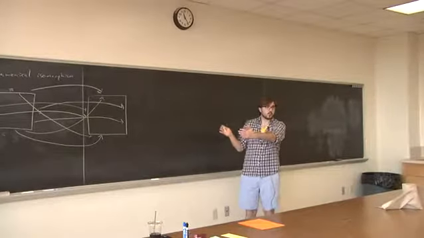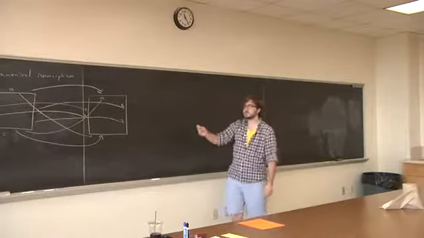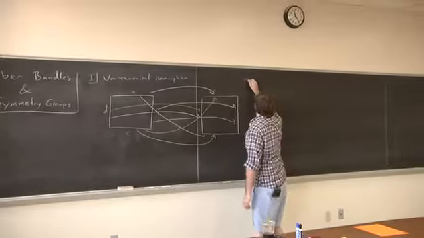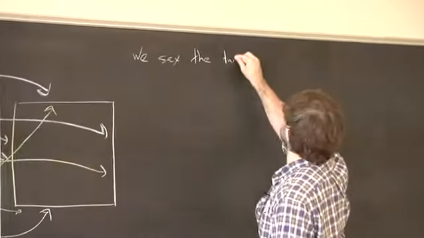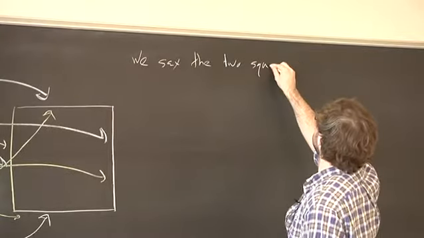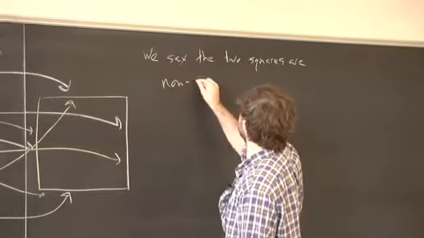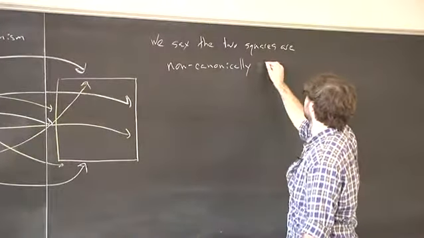They're both squares. But the way that we identify one with the other is important information. So we say the two squares are non-canonically isomorphic.